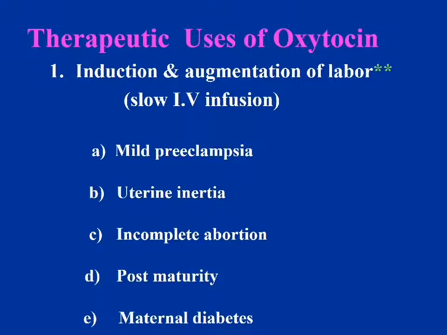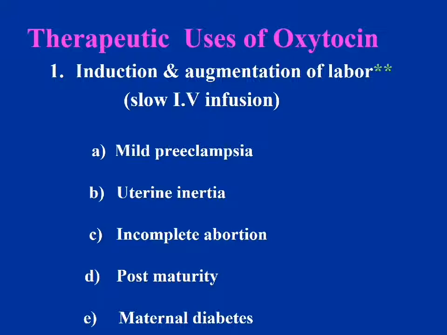What are the therapeutic uses of oxytocin? First of all, induction and augmentation of labor through slow intravenous infusion. What are the indications here? Mild preeclampsia, uterine inertia, incomplete abortion.